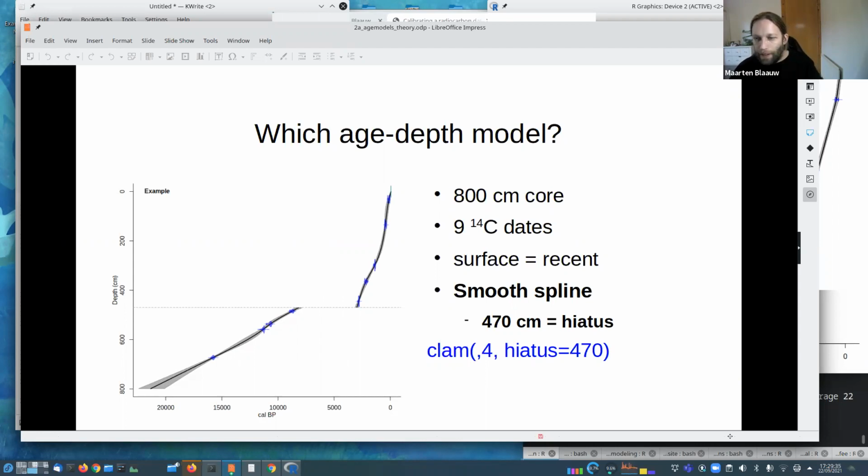Each of these decisions will have large impacts on the ages, especially at depths around the possible hiatus. So there are huge impacts of your decisions on the ages, and the uncertainties of the models don't really reflect that type of uncertainty.